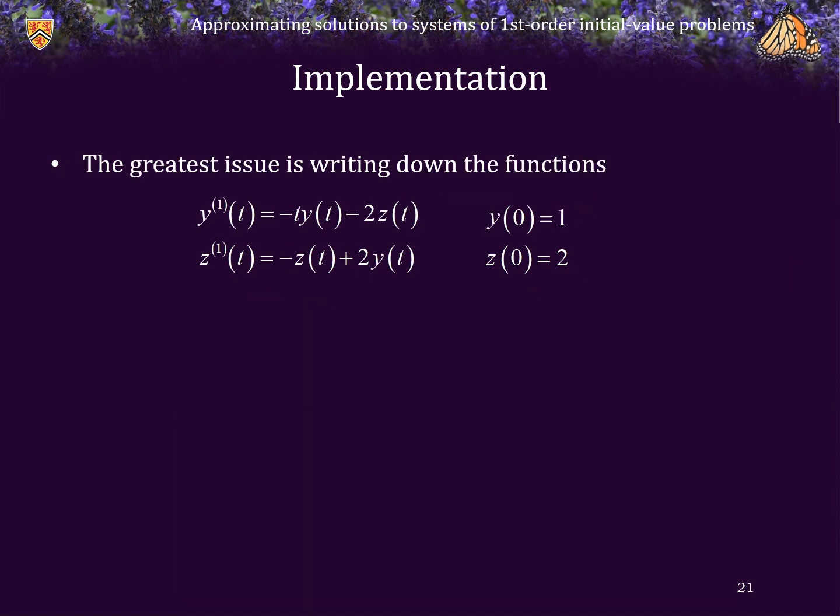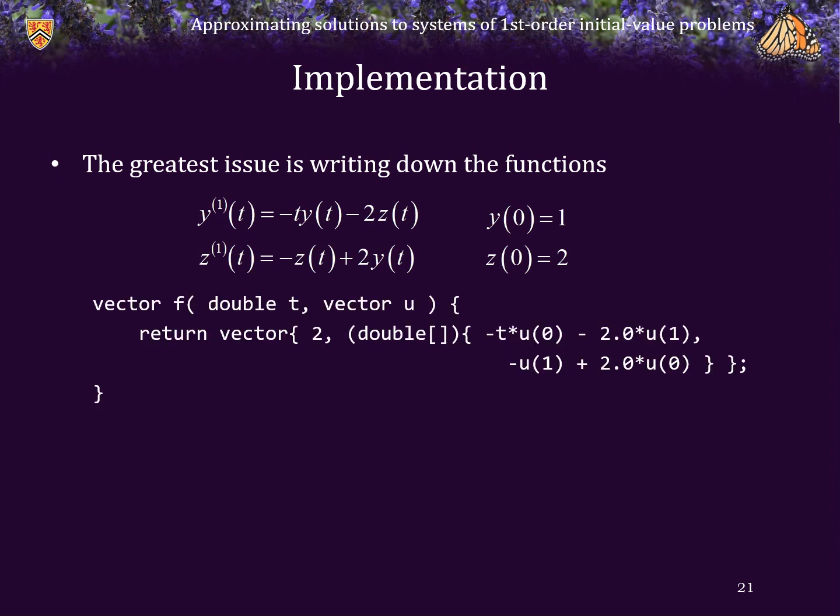Now, the greatest issue I find with students is the writing down of, or the conversion of, the system of initial value problems, or ODEs, to a function. So in this case, again, the function takes a double t as a first argument, but a vector u as a second argument.